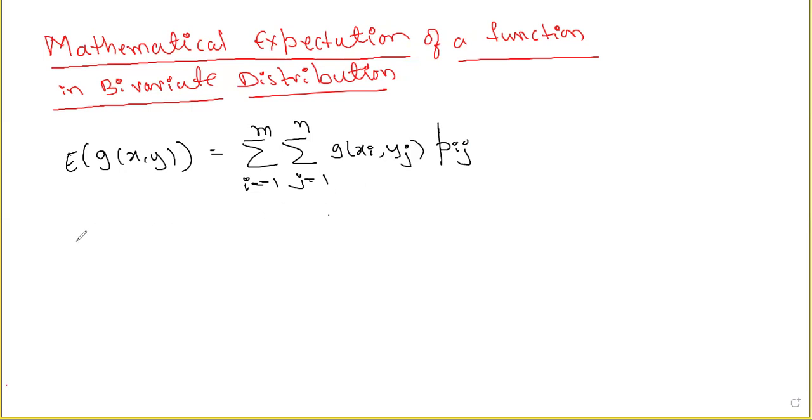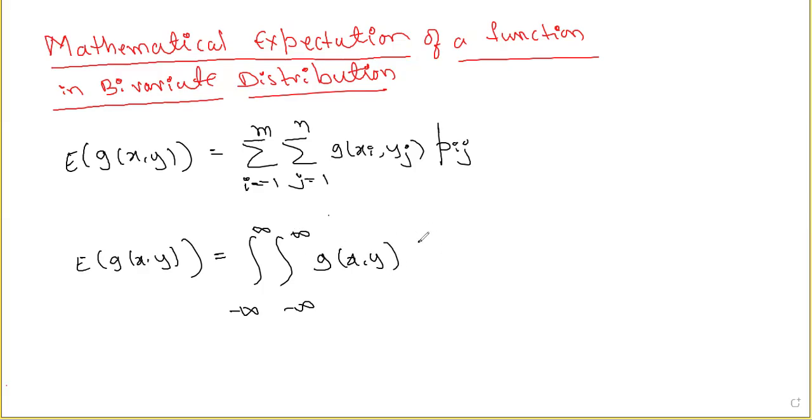This is for the discrete case. For the continuous case, the expected value of any function is a double integral from minus infinity to infinity, minus infinity to infinity, of g of x comma y times f, the joint probability density function, with respect to dx and dy.